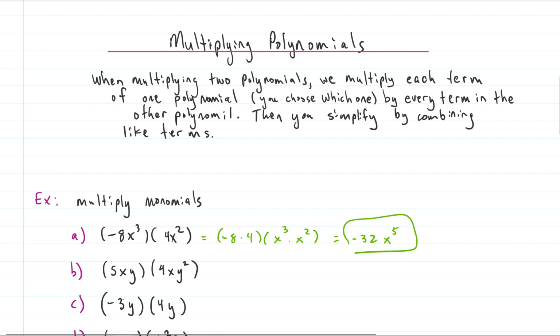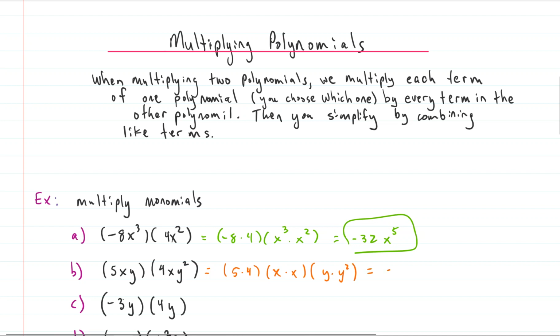Let's do the next one. Again, we have two monomials, so we're just moving things around. Let's put the numbers together, so we have 5 times 4. Let's put the x's together, x times x. And let's put the y's together, y times y squared.